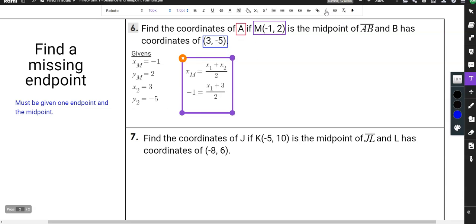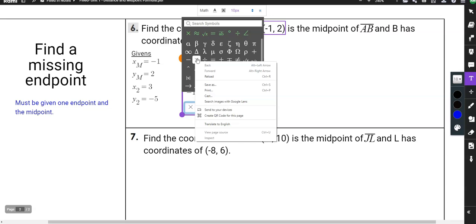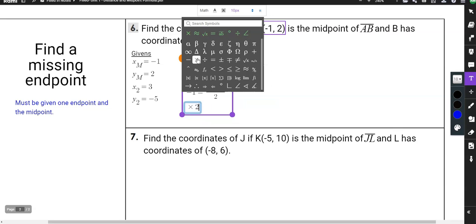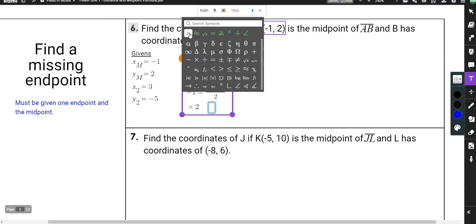So the easiest way to represent that in this format will be our times 2. It's not my preferred method though. I would prefer to put it in parentheses and do it in a different color, or not do it on this separate line. I would usually do this on the same line.